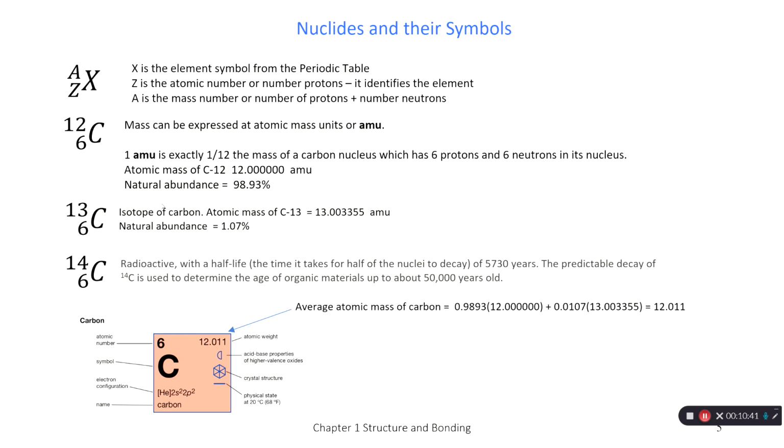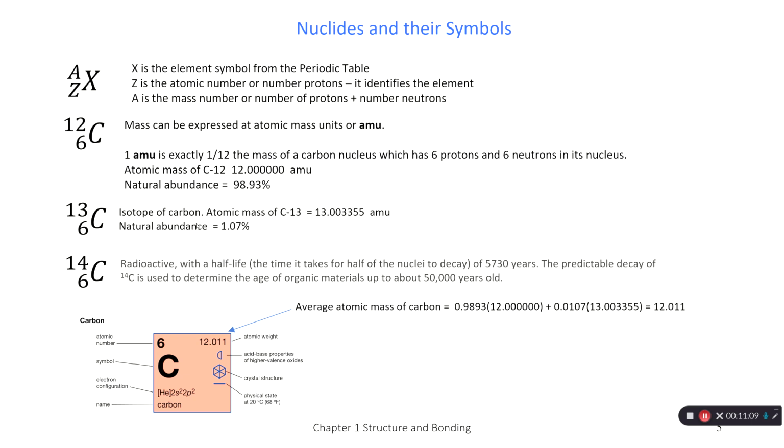Now, how abundant is carbon-12? Well, you know that various isotopes have different natural abundances, and carbon-12 makes up 98.93% of all carbon in nature, so it's the major isotope. On the other hand, we have carbon-13. You can see it has 6 protons, but it has 7 neutrons to give a mass of 13.